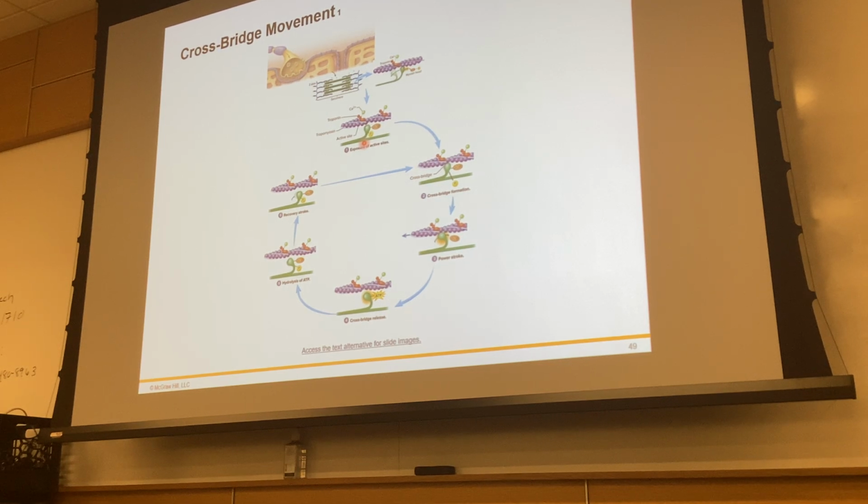I let go. If nothing else is attached to actin, then the troponin-tropomyosin complex covers that G site again once the myosin head is done pulling and lets go, and you need to get another one exposed.